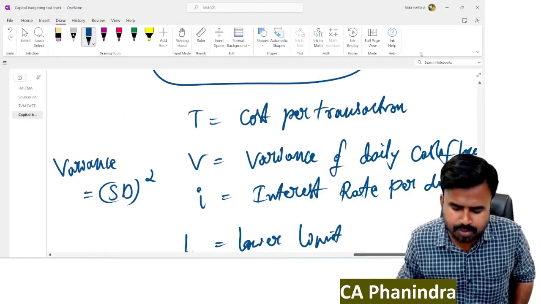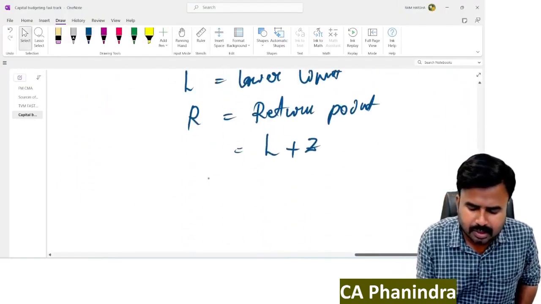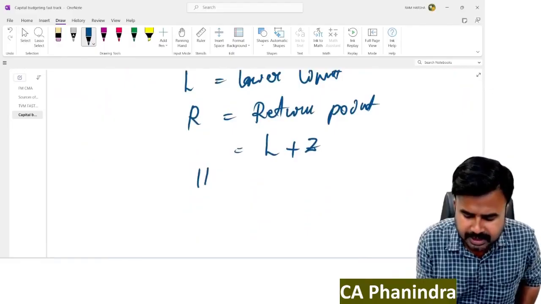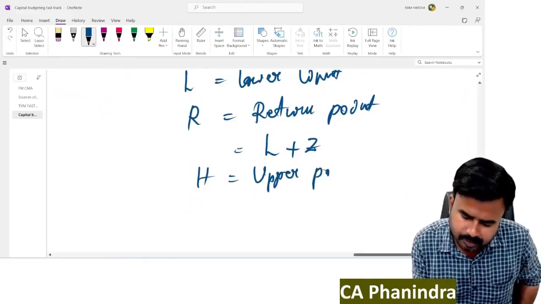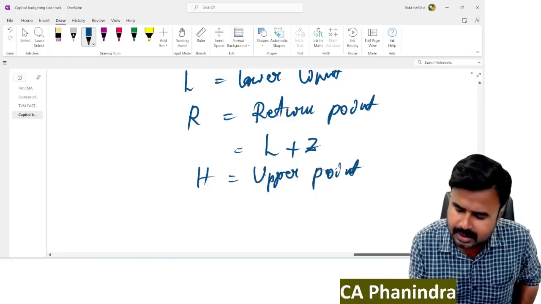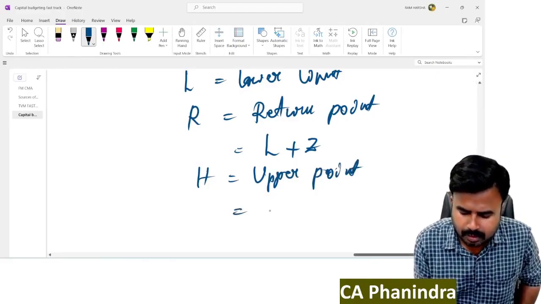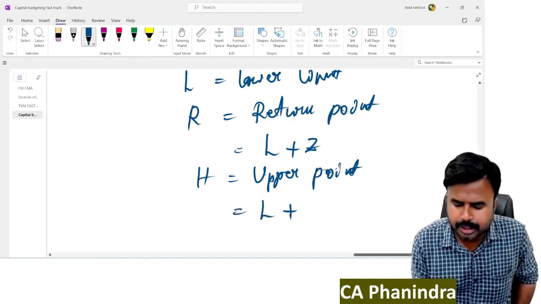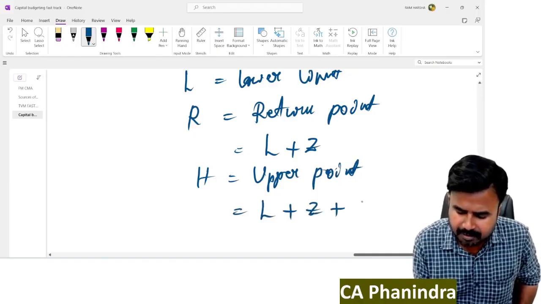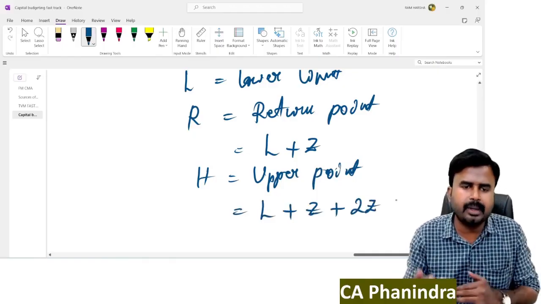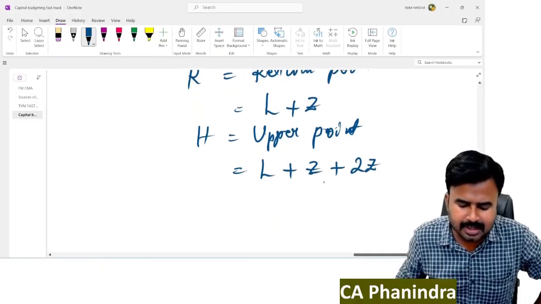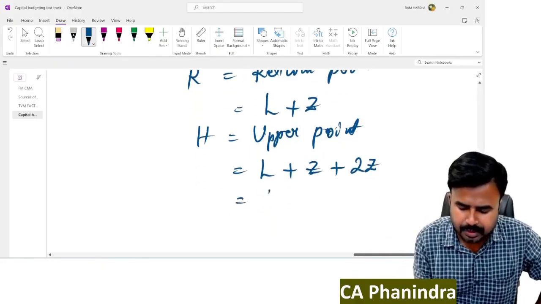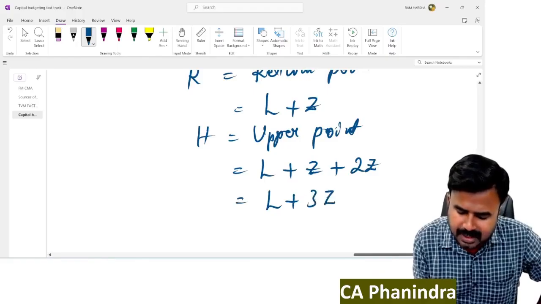Now the next formula is H, nothing but upper limit or upper point. What is the formula for upper point? Simple. From lower limit, you should add Z. Then after that, if you add 2Z, then ultimately from horizon to upper limit, I can get the distance. The formula is L plus Z plus 2Z, which can be rewritten as L plus 3Z.